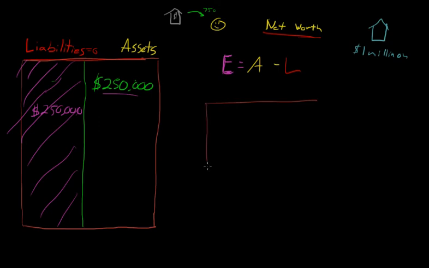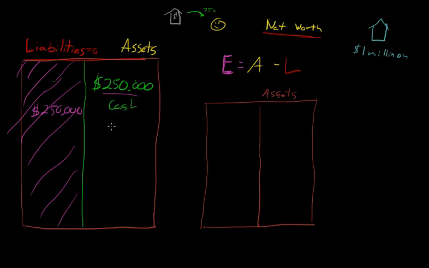So similarly, I'm going to have liabilities on the left and assets on the right, which is the convention for this, separated down the middle. So what are my assets now? Think about this. I had $250,000 in cash.